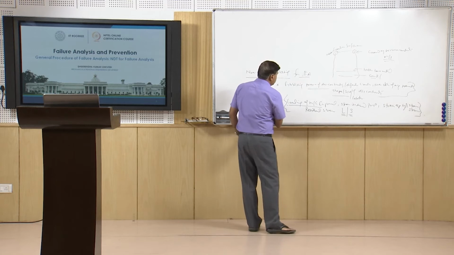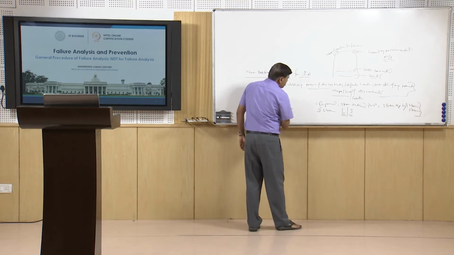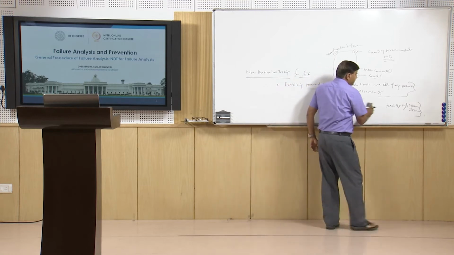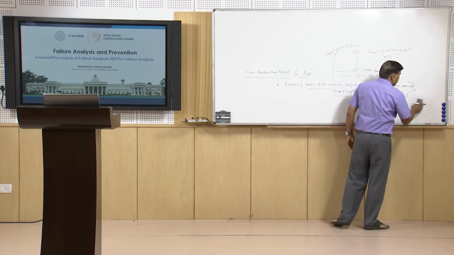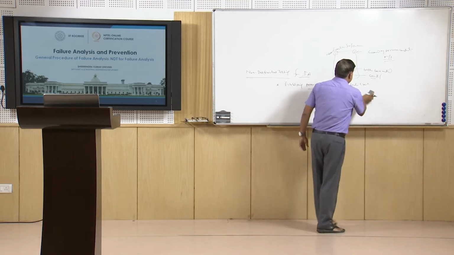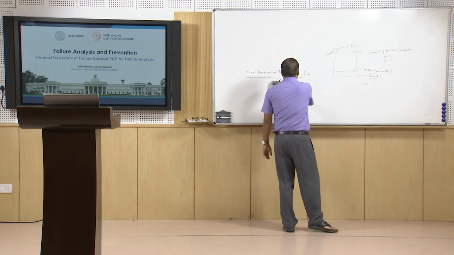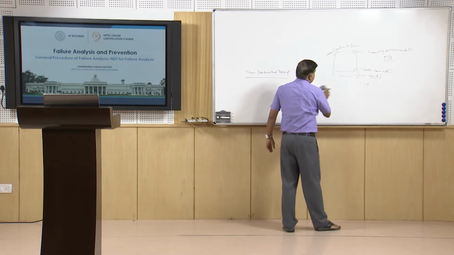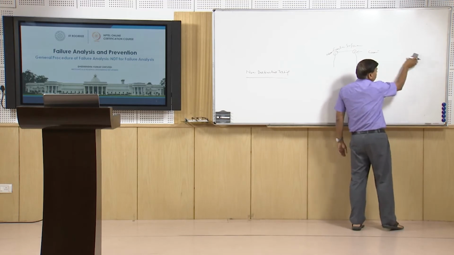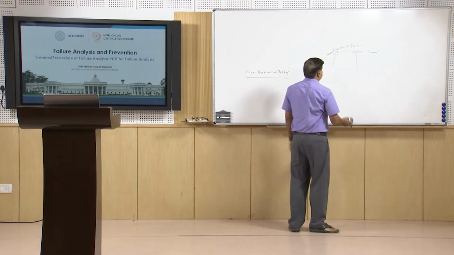It can also indicate the possibility of an accidental or abnormal load under which the failure has taken place, with respect to the design load or the expected load. So, these are the two main objectives of conducting NDT of the failed component.